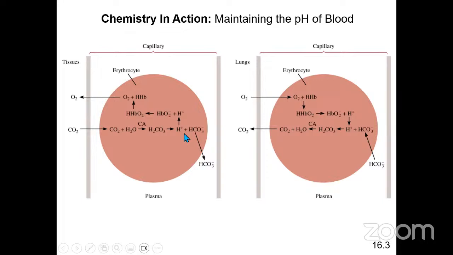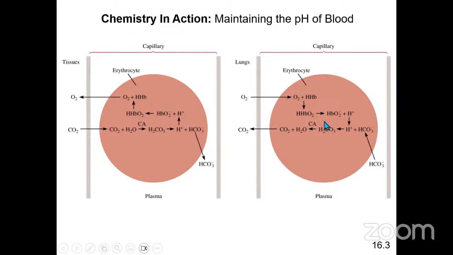You can understand that in the light of Le Chatelier's principle. When the concentration of H+ is reduced, the equilibrium will shift that way, which would mean that more carbon dioxide will be absorbed from the tissues into the red blood cells, all right? So that's what happens when you have the red blood cells being delivered to the tissues.